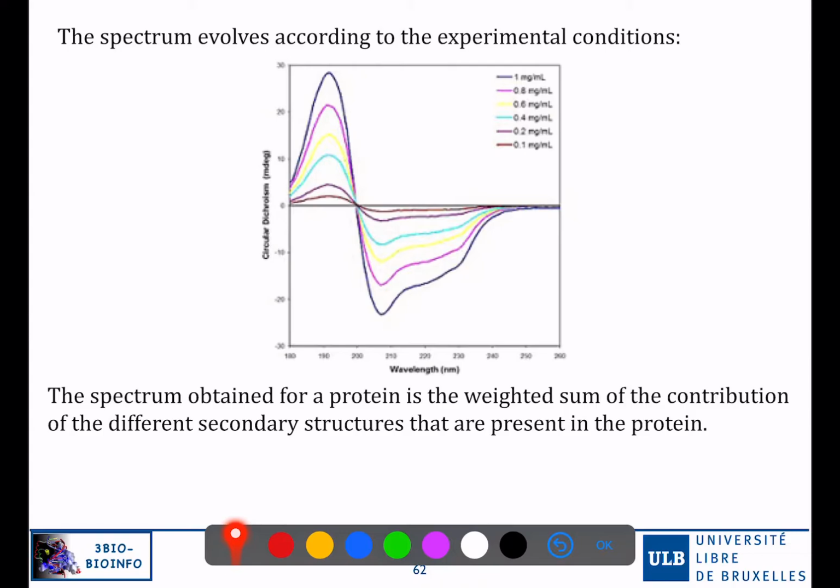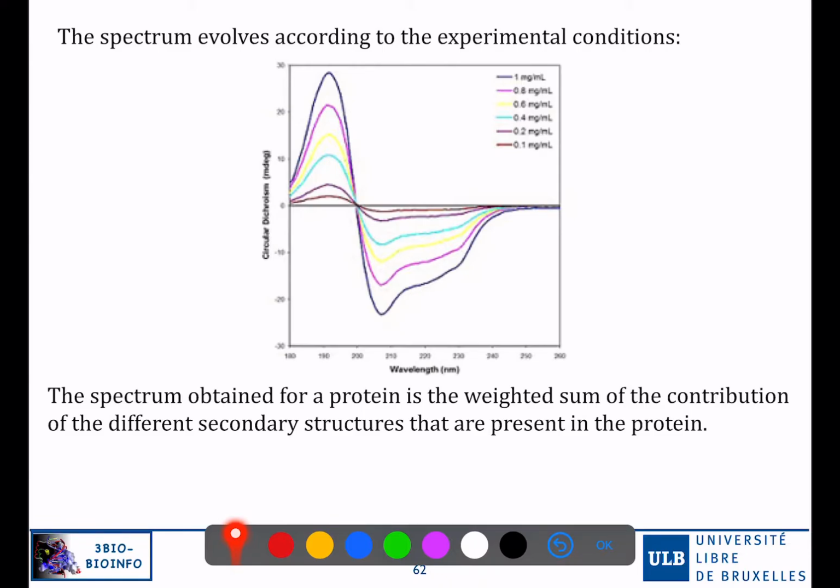And a second remark, of course, when you have, for instance, a protein, in fact, you have a mixture between alpha helices, beta strands, coils, and so on. And so the global spectrum that you will obtain is also a mixture between the spectrum that is characteristic of the helices, the spectrum that is characteristic of the beta strands, and so on. And the weight of the different parts in this spectrum depends on the secondary structure content of your protein.